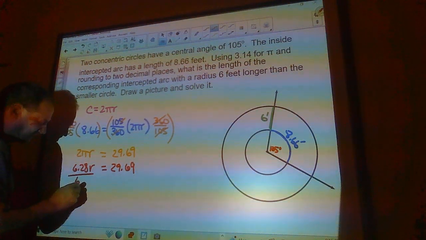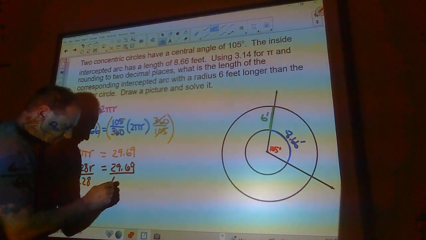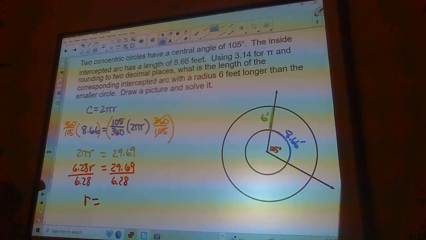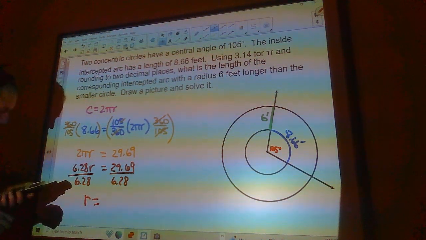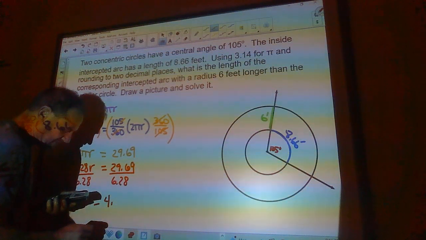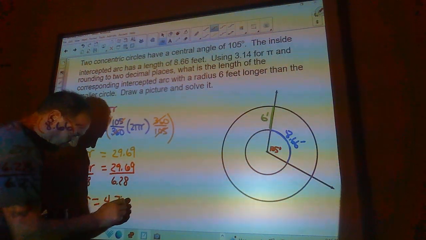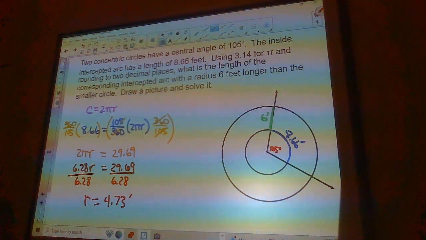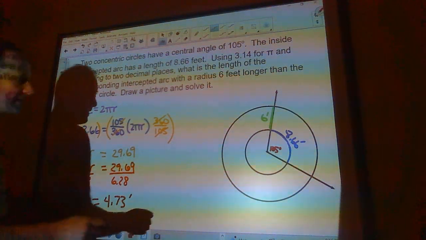So we're going to divide both sides of this by 6.28. So that's going to tell me r. That's going to come out to be 4.73. And that's going to be in feet.